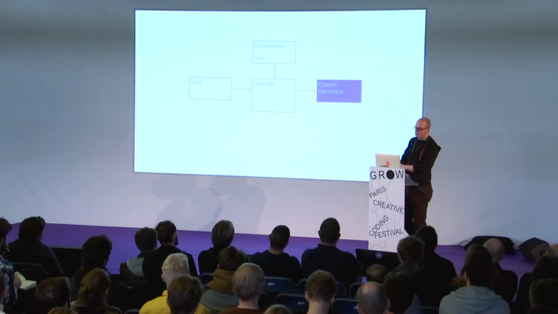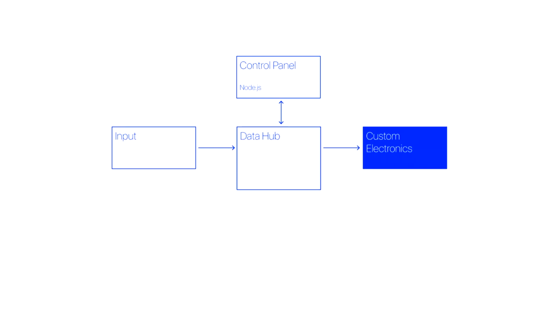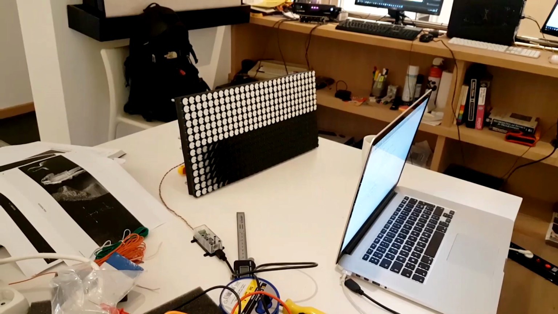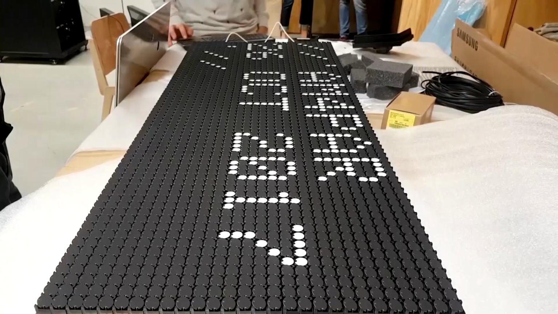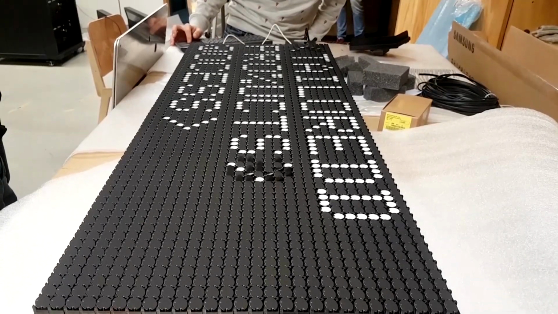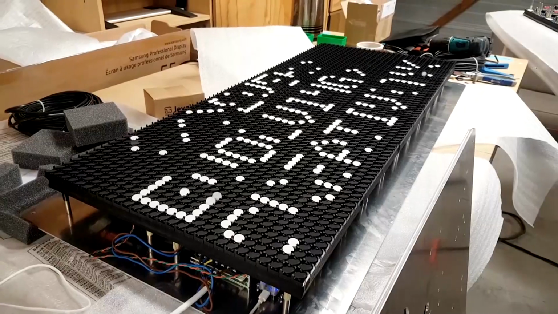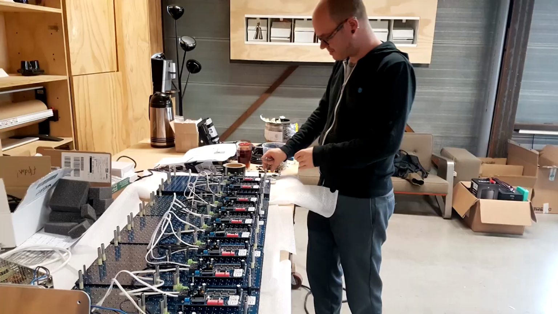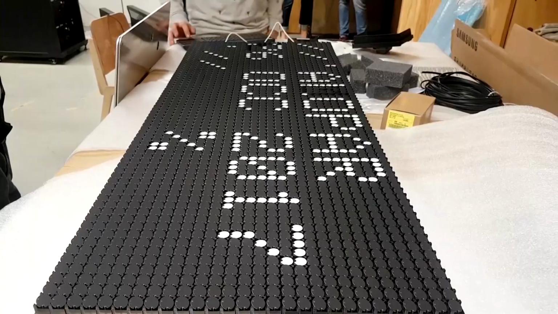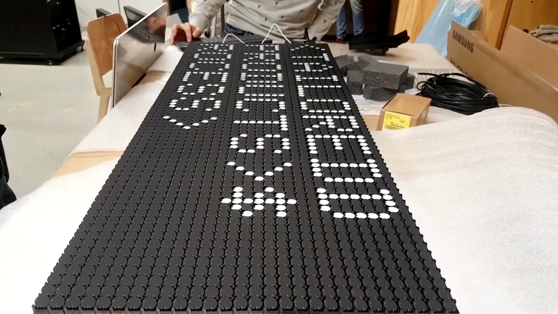Then there's also custom electronics output. In this case, I'm showing you this project we built for Adidas. These are flip dots, and you can control each of these dots. One of the problems you can get into is that it's quite a bottleneck because it uses a really old serial protocol.